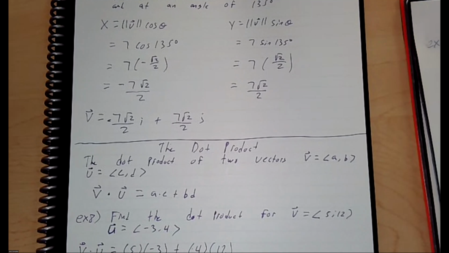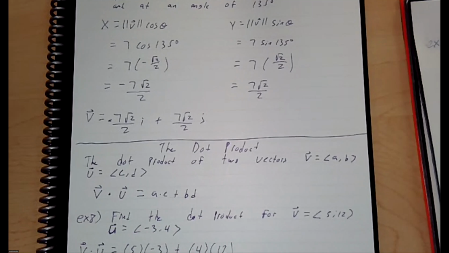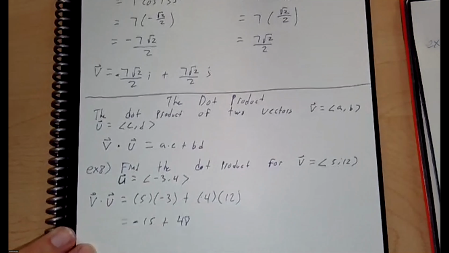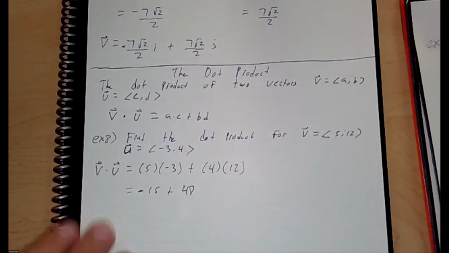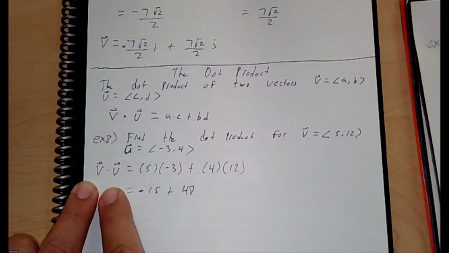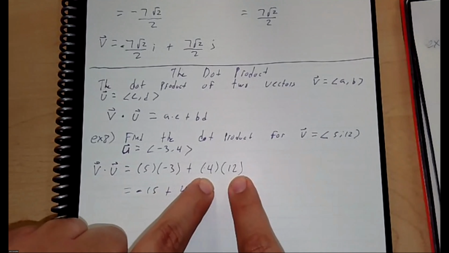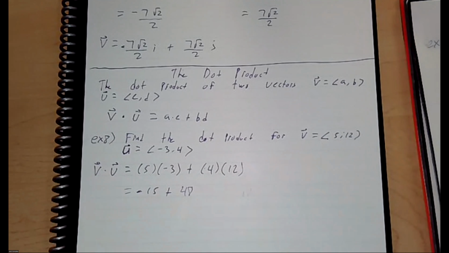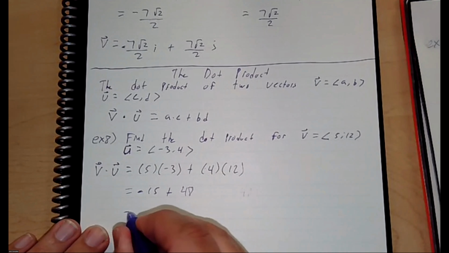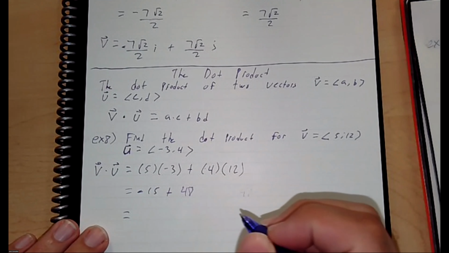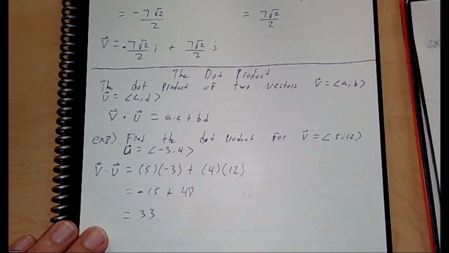And that's it. So -15 plus 48. You take the i components times each other plus the j components, and we get a number. 33.